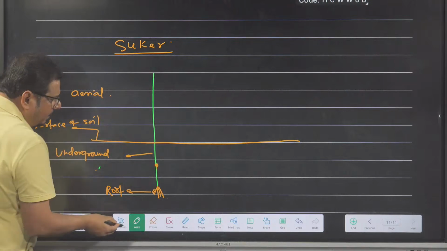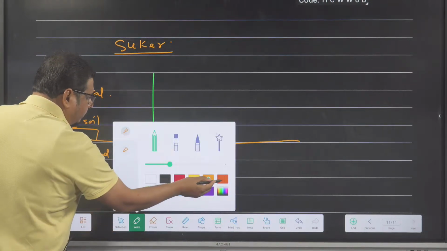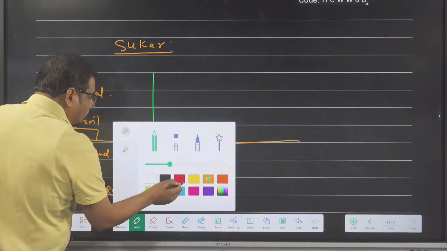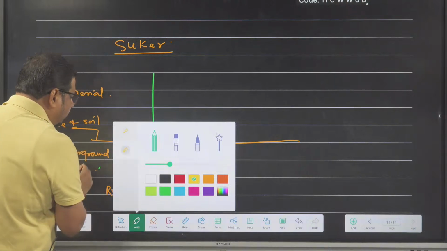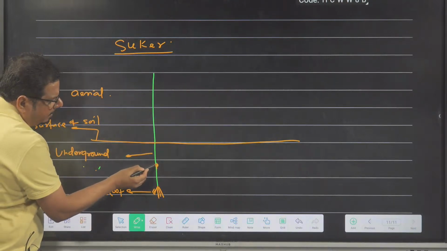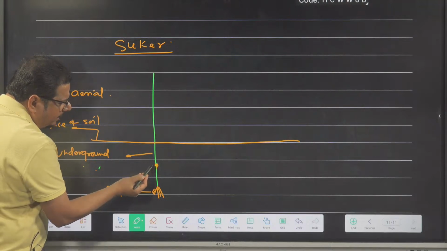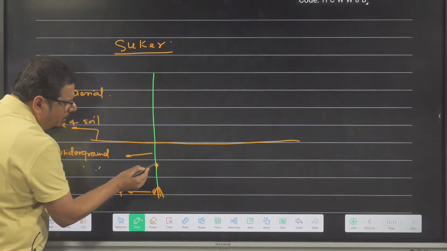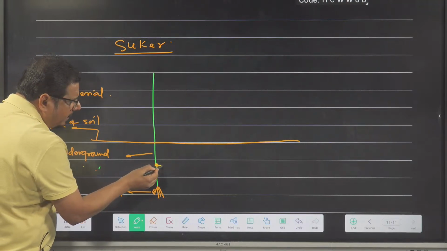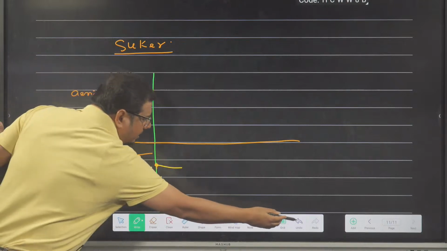Now what happened? Branches arise from this underground stem. Here buds are there. A node is there, meaning leaves are there, and a bud is there. From the bud, branches are arising. And how are the branches moving?